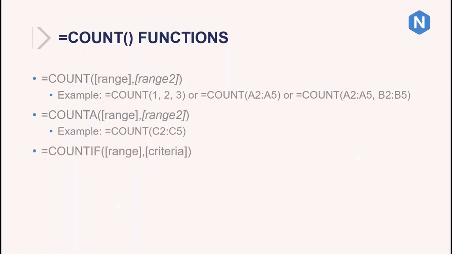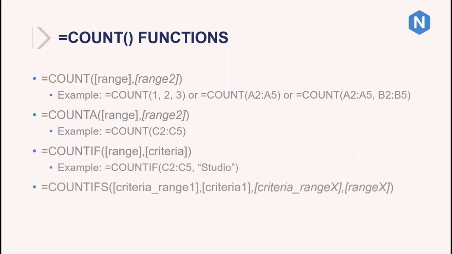There's also COUNTIF, which again is a lot like SUMIF down here. And then there's COUNTIFS, which is the way that I prefer to do it just because of how it functions. So that's how I personally prefer to do counting: COUNTIFS, or a COUNTA if I'm just counting one thing, how many things exist, okay?